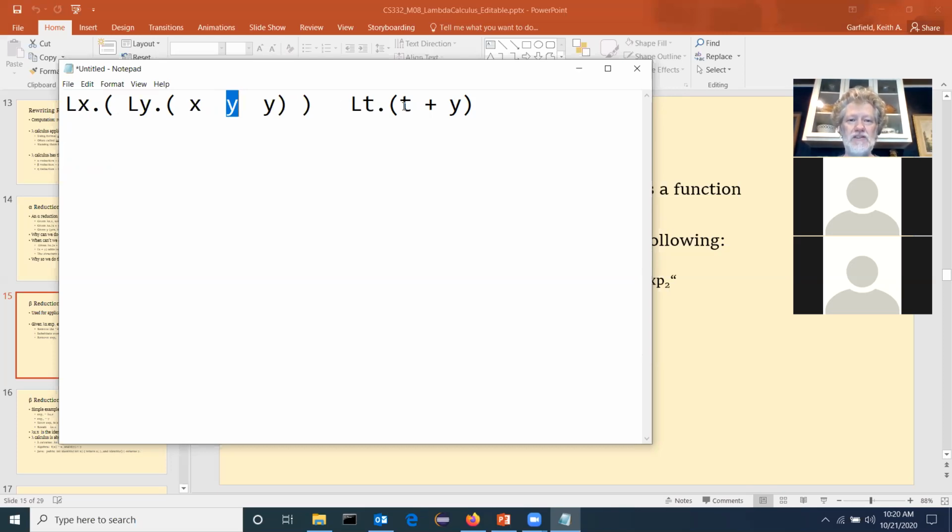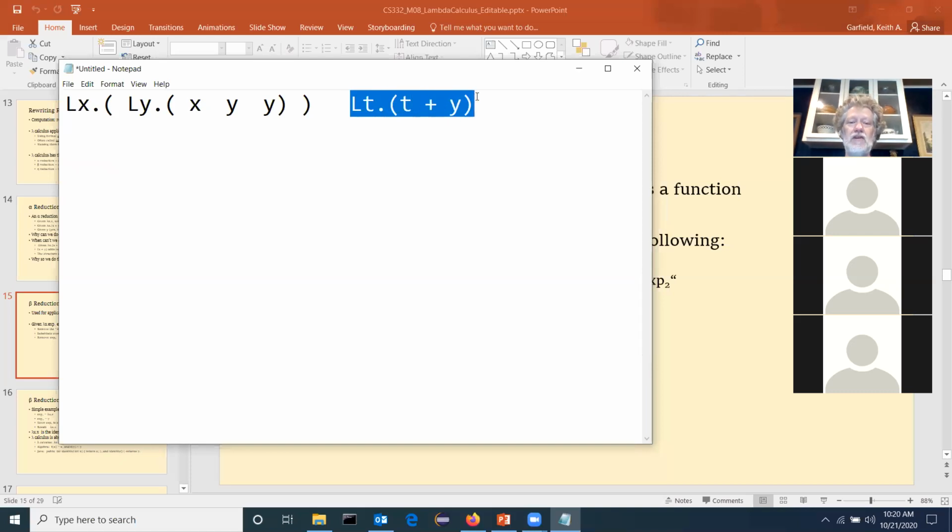And how about the t? Is it bound or free? Bound. It's bound to that t. And how about this y? Is it bound or free? Free, because it has nothing to do with the other. These two expressions are completely independent, and the only thing bound in here is the one from lambda t dot, which is going to be a t. So this y is free.